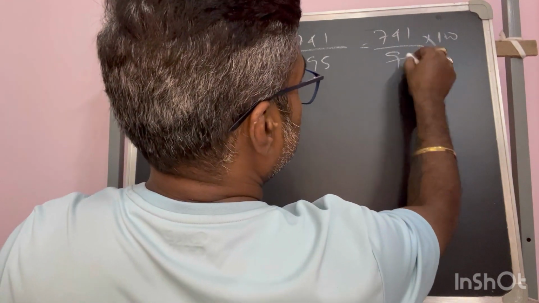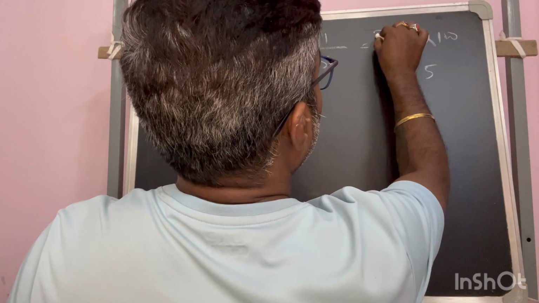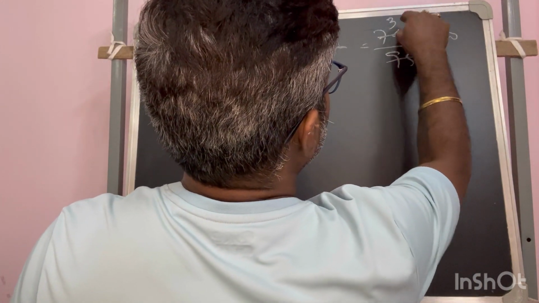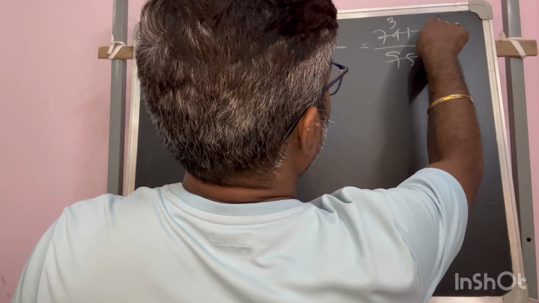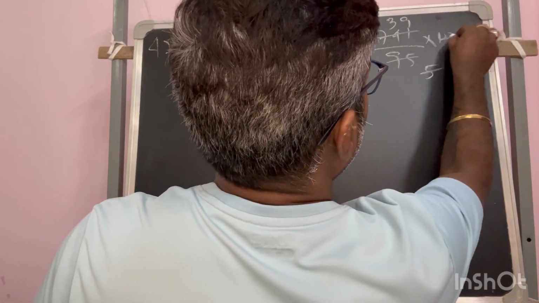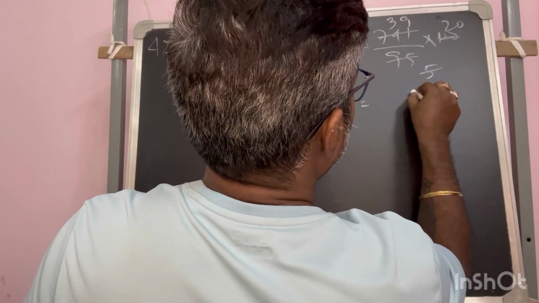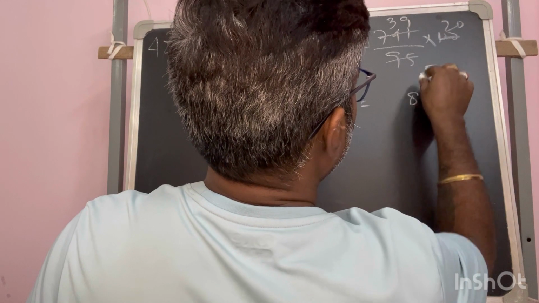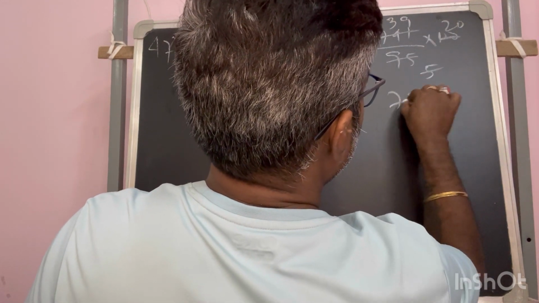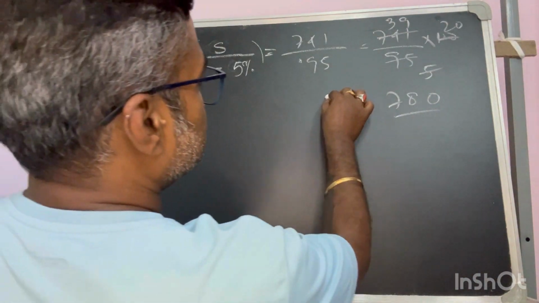So this is 19.5, and if you calculate, 5 into 20, this will give you 780. So this will be the round figure. You are getting everything in round figure. This is the cost price.